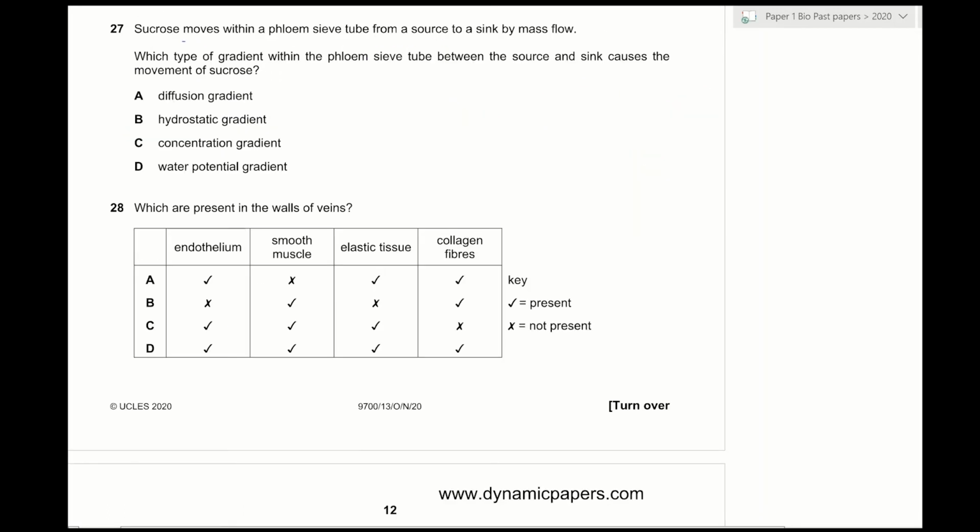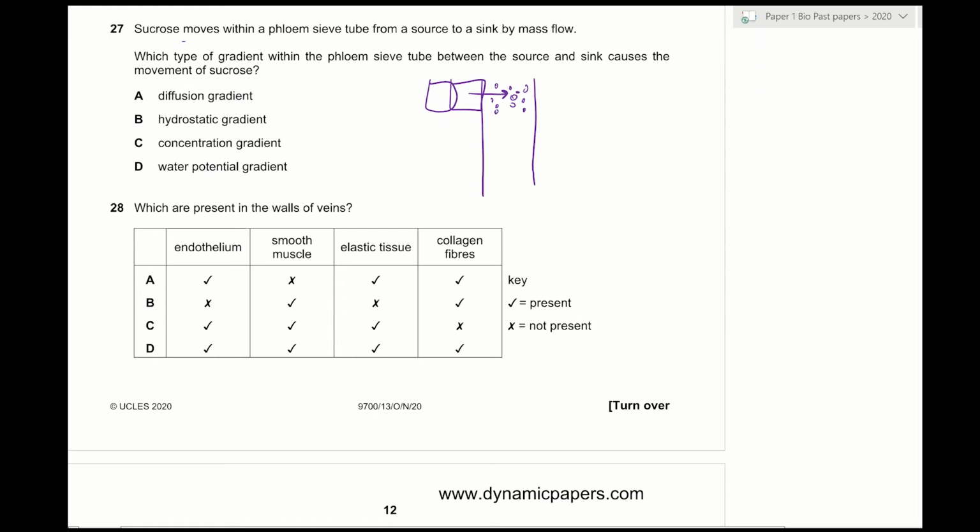Sucrose moves within a phloem sieve tube from a source to a sink by mass flow. Which type of gradient within the phloem sieve tube between the source and the sink causes the movement of sucrose? So let's break it down. As we all know, when sucrose moves from companion cells into the phloem sieve tube elements, the concentration of sucrose here increases.